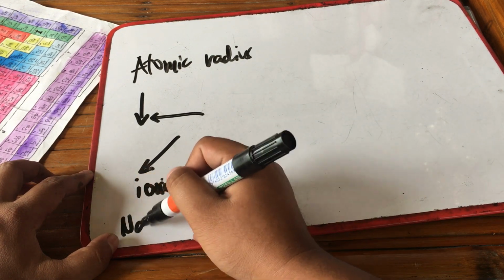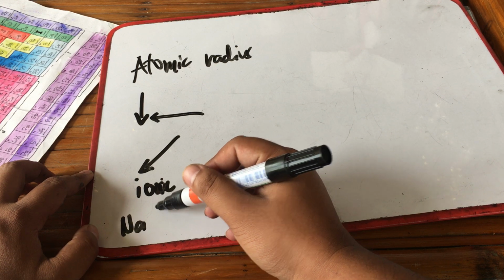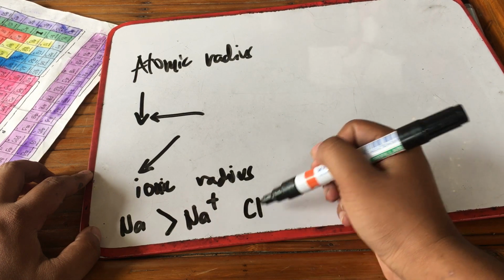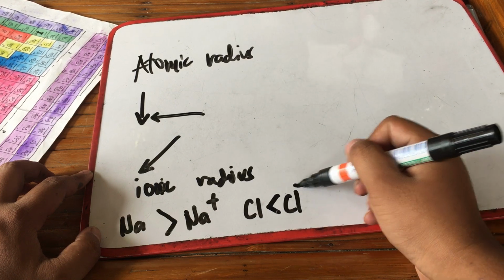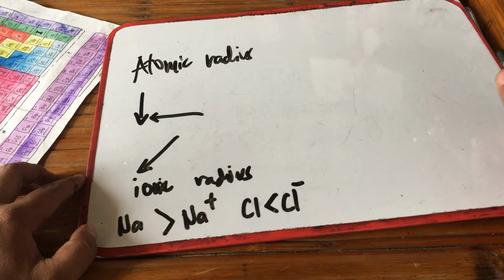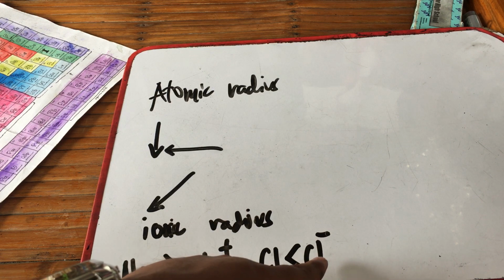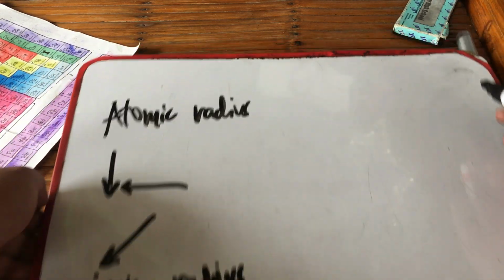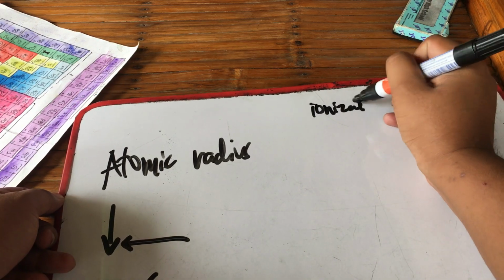Example na lang natin. Na, the size of Na would be greater than the cation. Size of chlorine would be less than the size of an anion. So hopefully this example makes sense, no? Or atom na lang, greater than cation but less than an ion in terms of their ionic radius or ionic size.